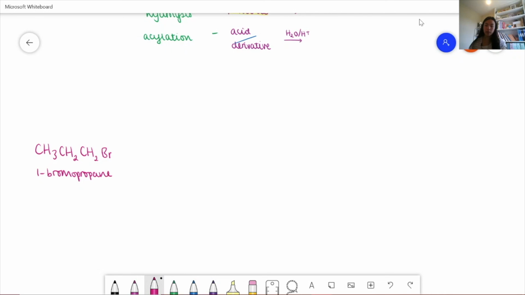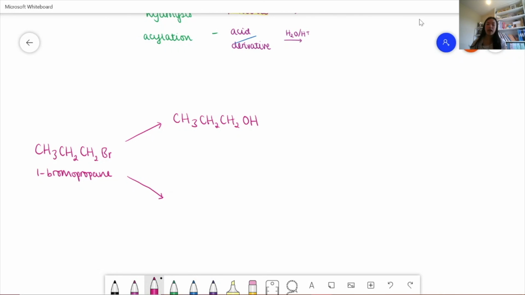And so we've said that this can either form our primary alcohol or our primary nitrile. So our primary alcohol would be propan-1-ol. And this is because we've used the OH minus as our nucleophile.